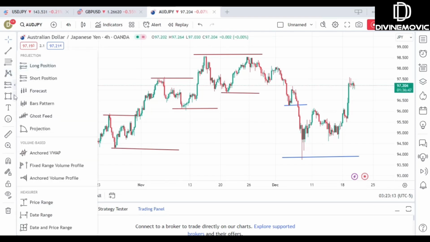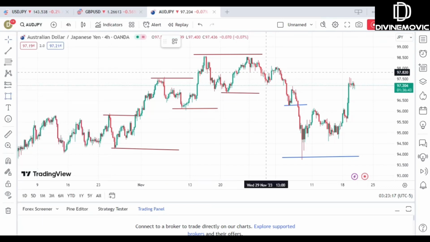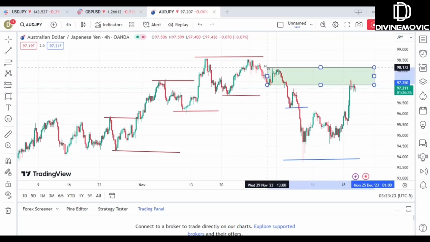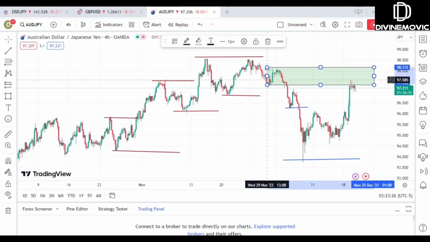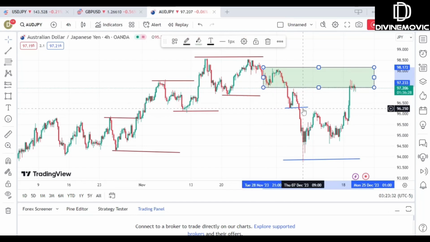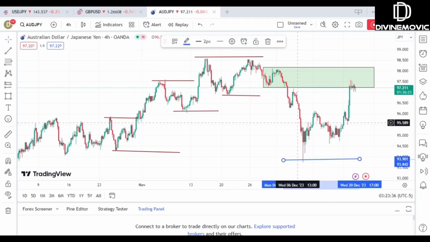What's that? I'm much interested in what is going on in this area here, or this zone. I'm much interested in what is going on here. So every other place now is a secondary point to look out for.